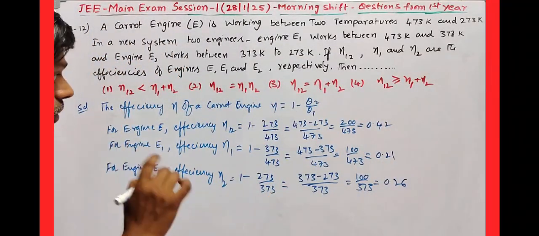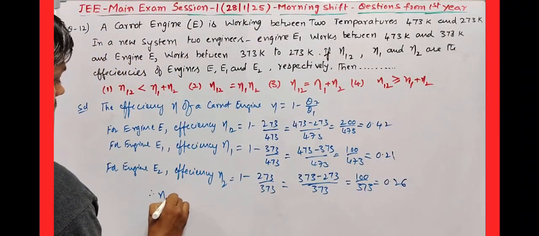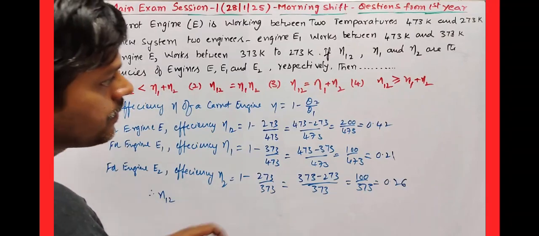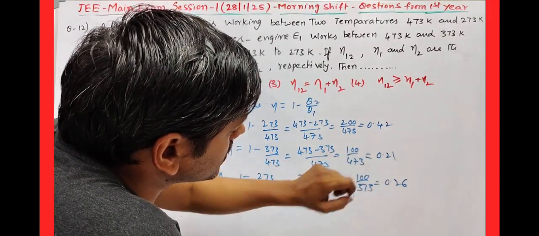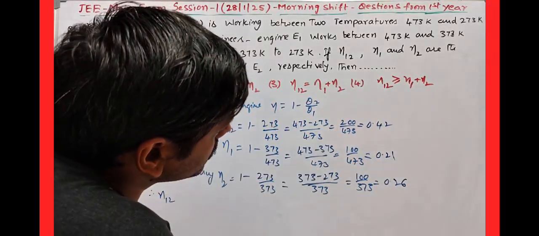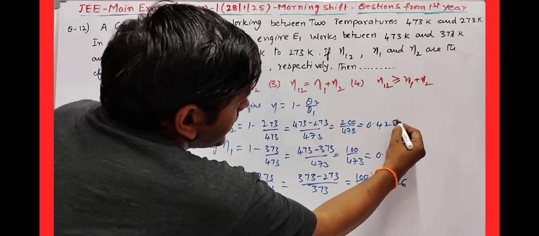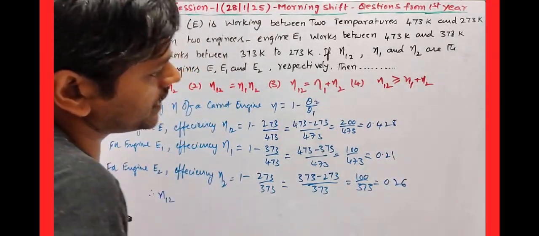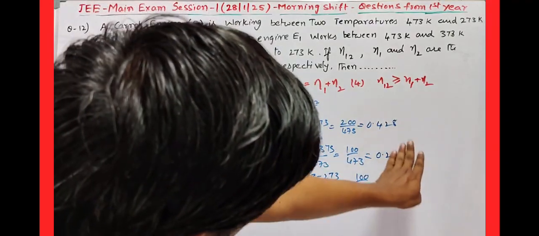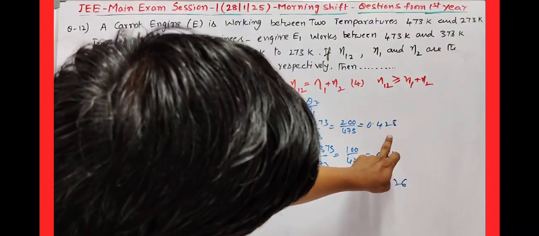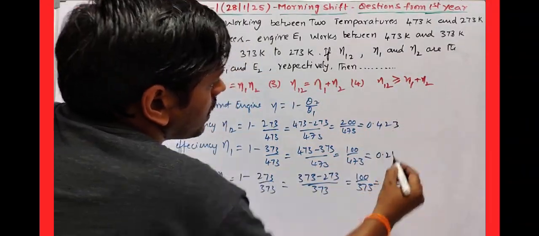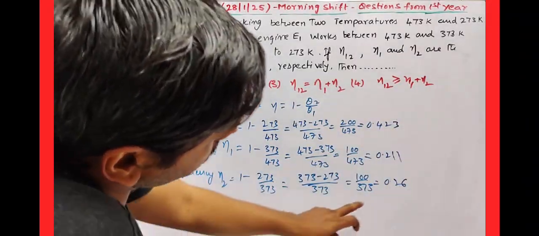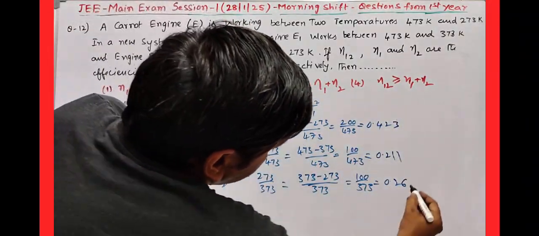So you can do it carefully. Going to the third decimal as well, the values come out slightly different.